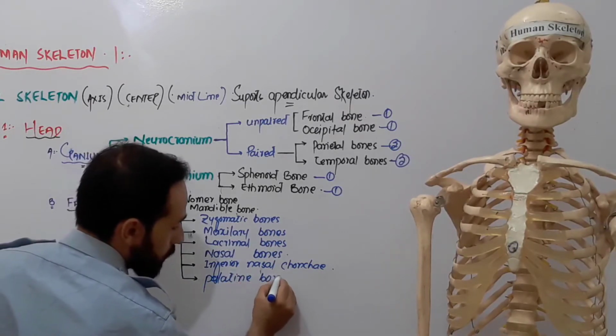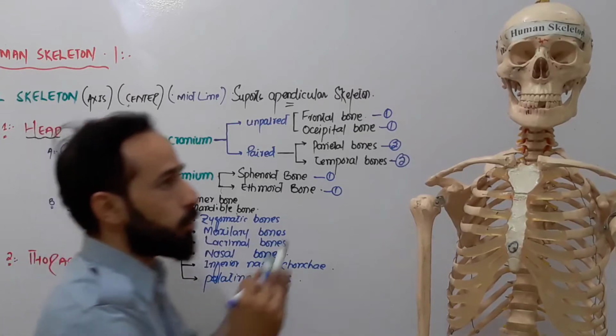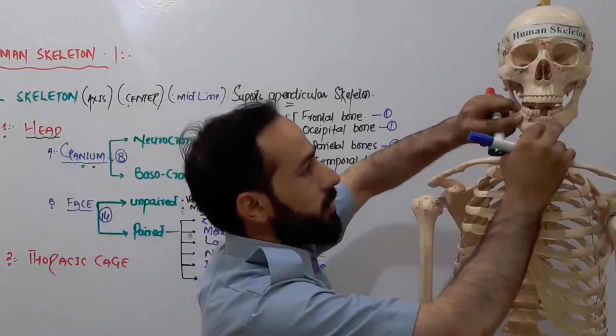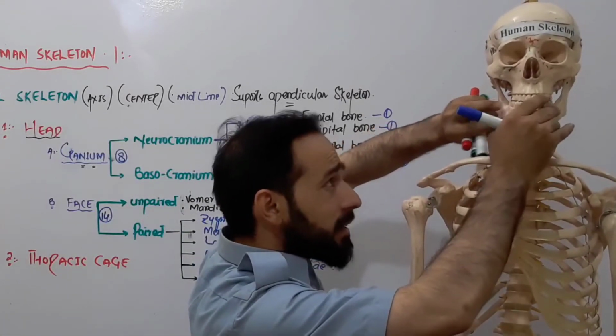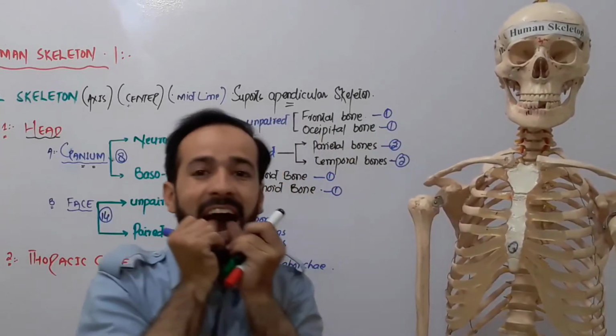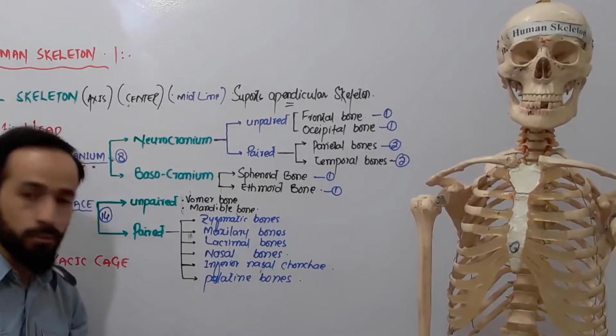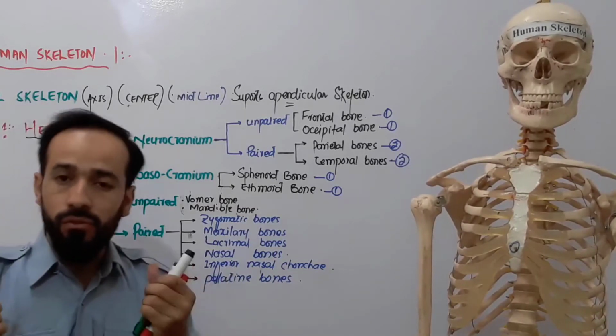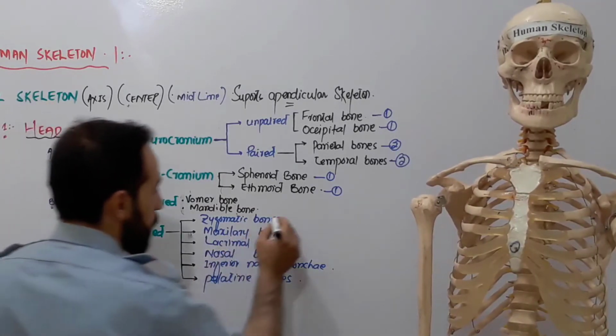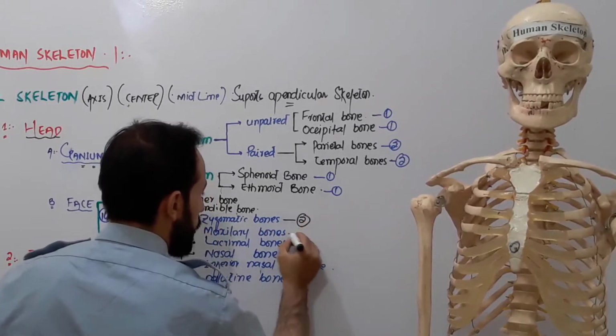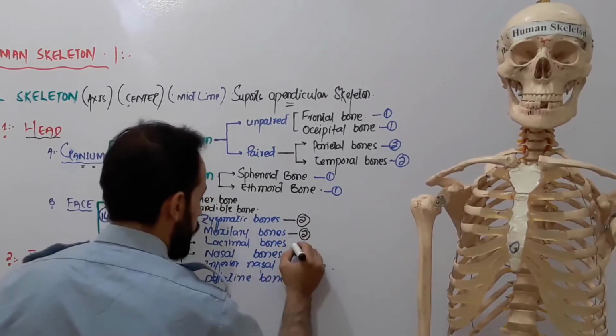Palatine bones, right? So if you open the mouth of this person, you will find the palate there, the hard palate, right? So that hard palate is composed of how many bones? Two bones, the right and the left. So these are paired bones. So how many zygomatic bones? Two. Maxillary bones, two.